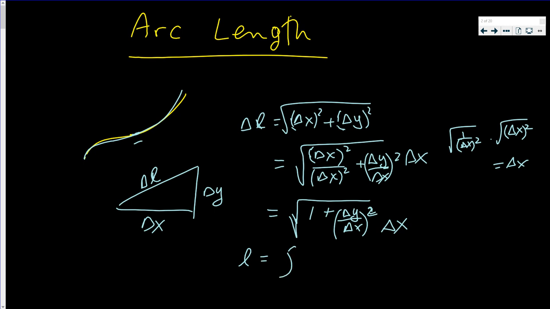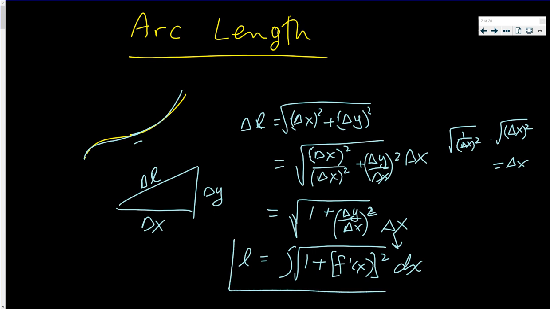So it's going to become the integral of the square root of 1 plus, now delta y over delta x becomes f prime of x, and I have to square it, take the square root of the whole thing, and then the delta x in the limit becomes dx. And this here is the length of an arc for a whole curve. So, arc length of a curve.